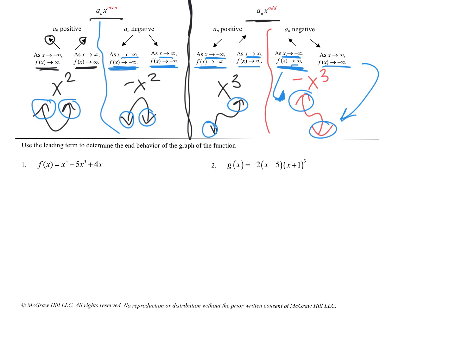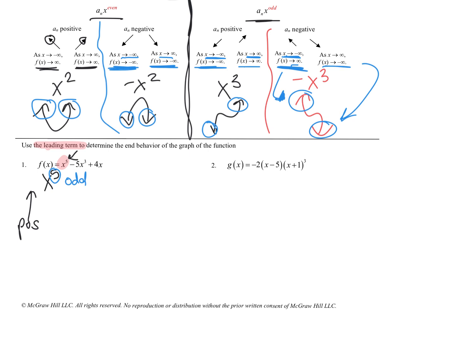All right, it says use the leading term to determine the end behavior of the function. So I'm going to highlight the leading term. Now, it's not the leading term because it appears first. It's the leading term because the highest degree is 5. So since it's x to the 5th that I'm looking at, it is positive because there's not a negative in front, and it is odd because the degree is 5.